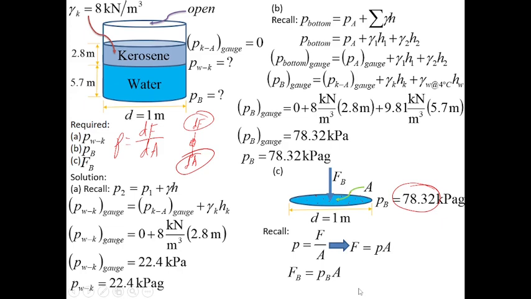So the force at the bottom of the tank is equal to the product of the pressure at the bottom of the tank, P sub B, multiplied by the area of the tank at the bottom.